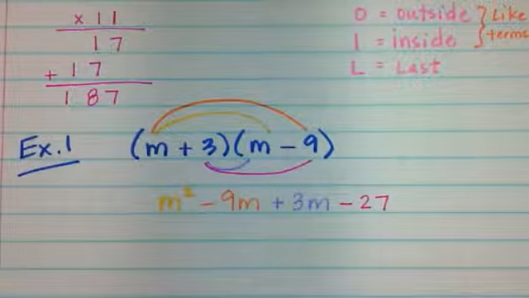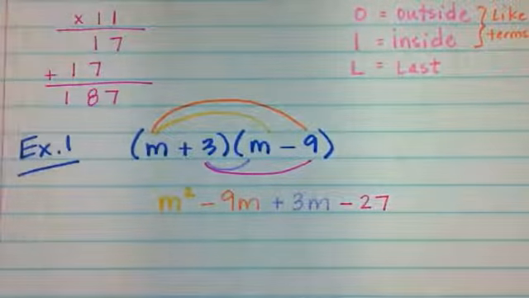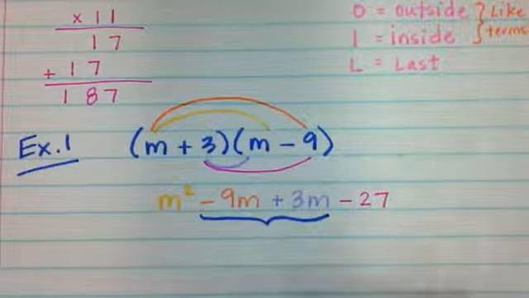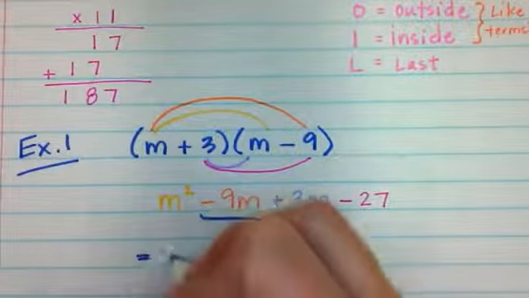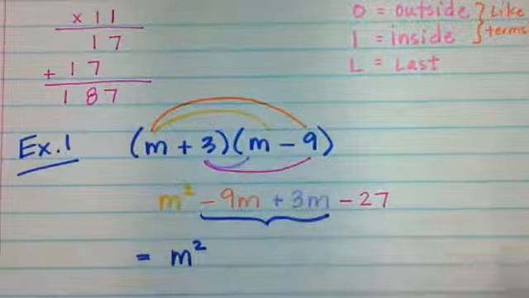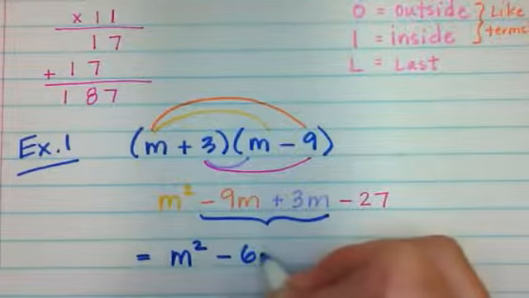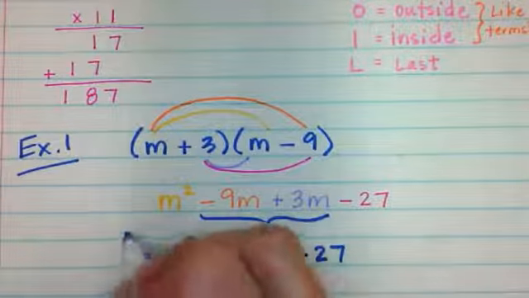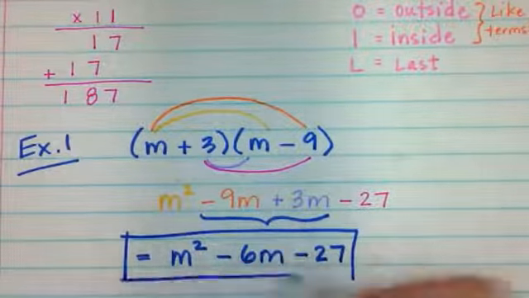Again, we notice that the middle two terms are like terms. So if we simplify, we would have m squared minus 6m minus 27. And that is our solution.